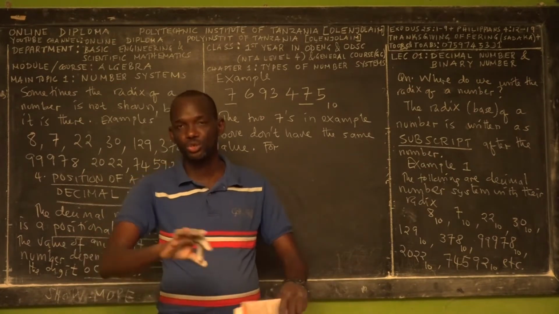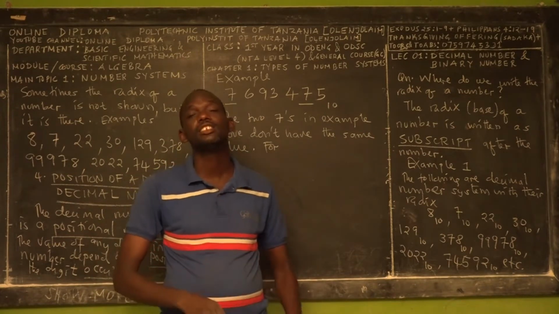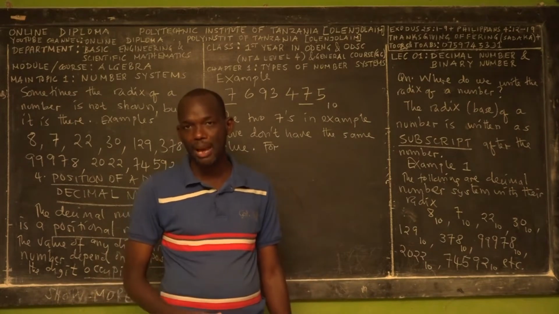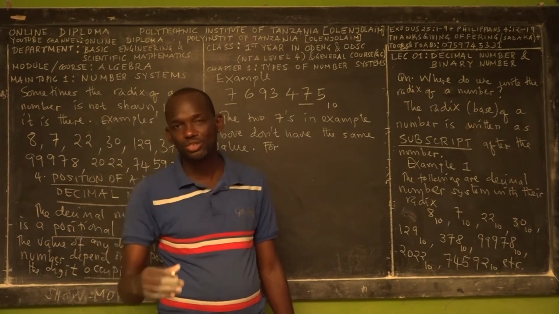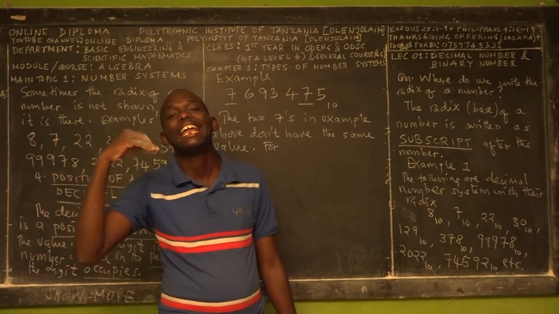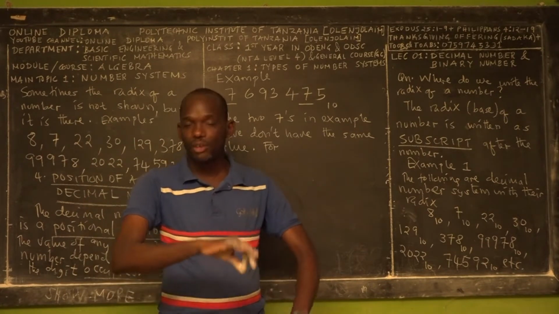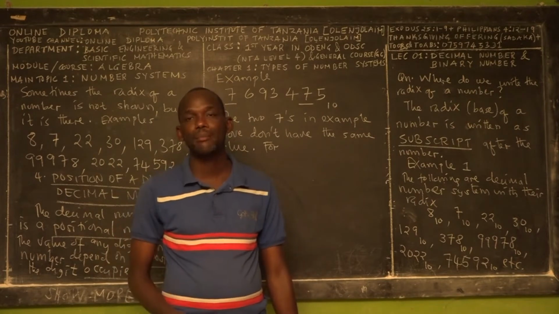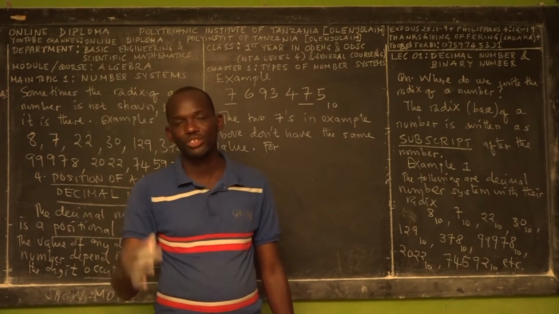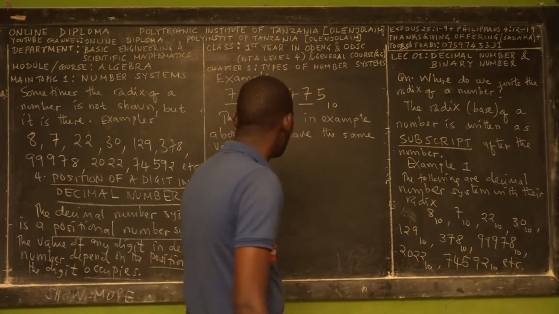This is just an introduction, and this is the foundation for the entire topic of types of numbers, because we'll be doing a lot of conversions. In any case of conversion, we just teach you the steps to do the conversion. After we have taught you all four types of number systems, from there we also do examples.